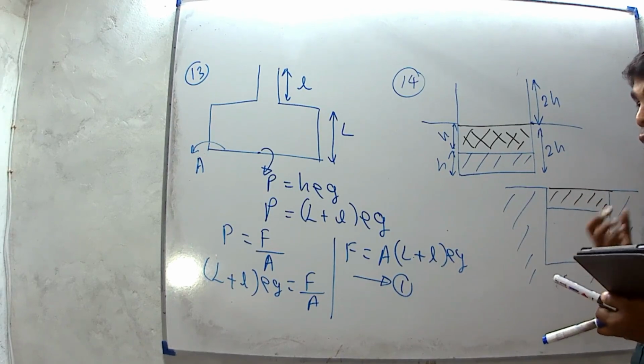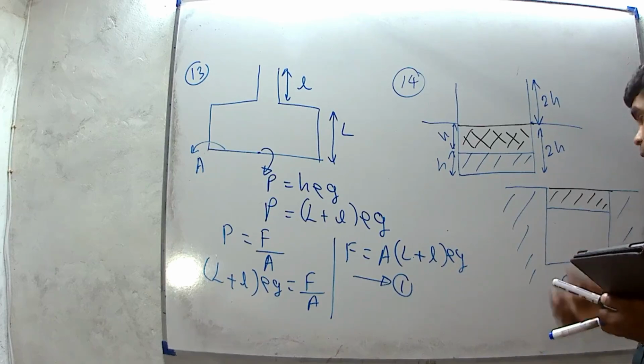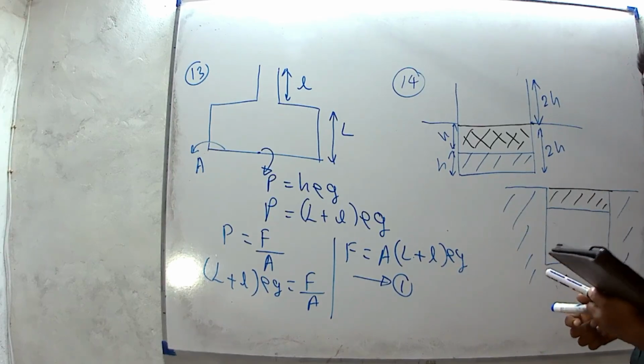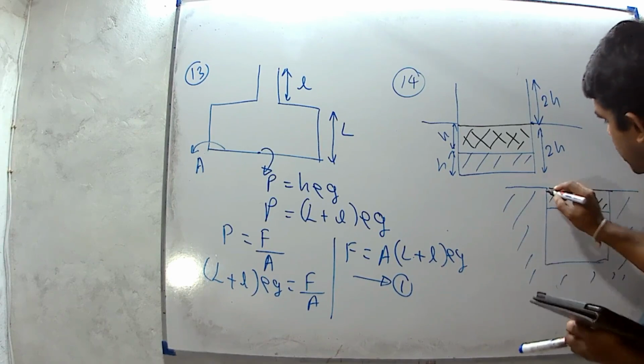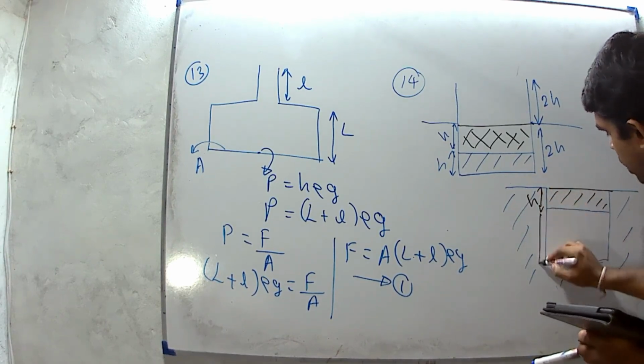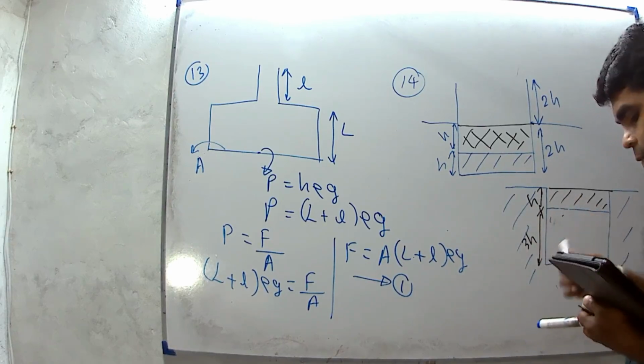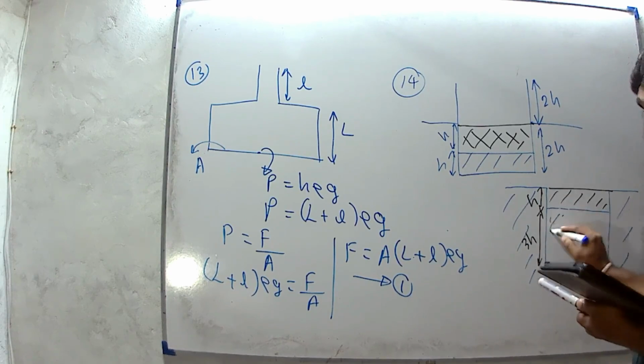It is the volume which can give the required upthrust. Then this height should be h and this water height should be 3h. The water height inside the vessel should be 3h.